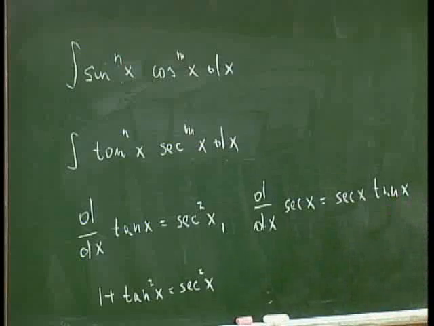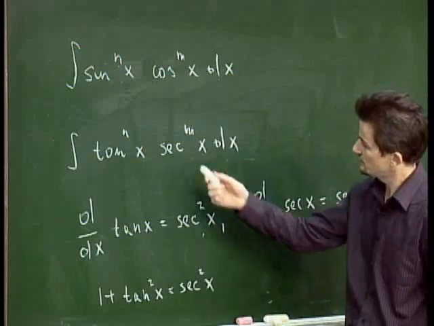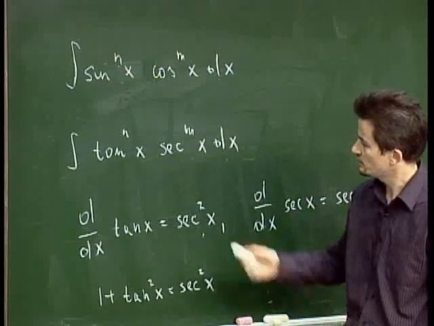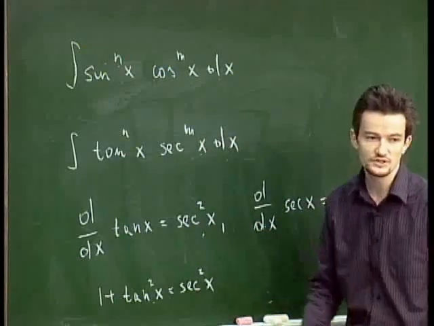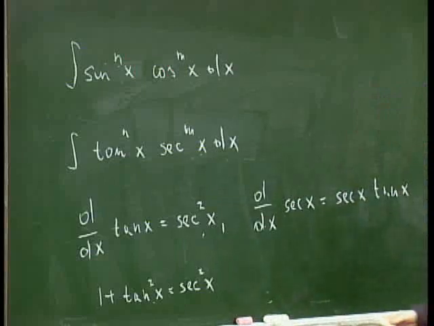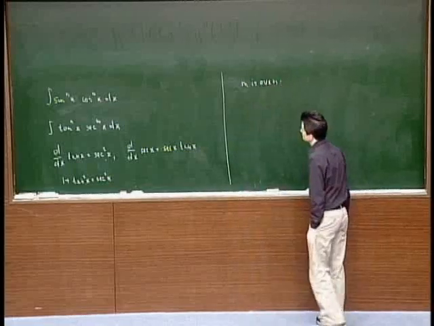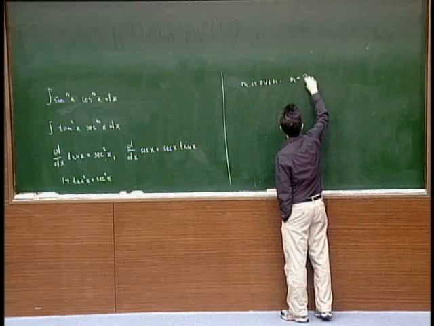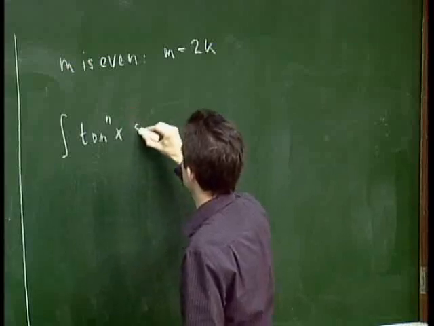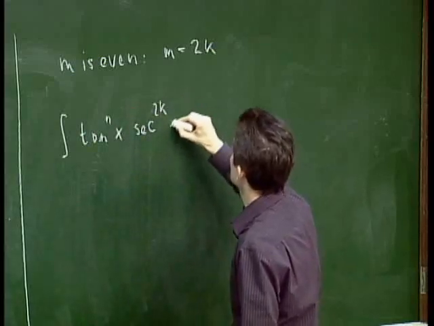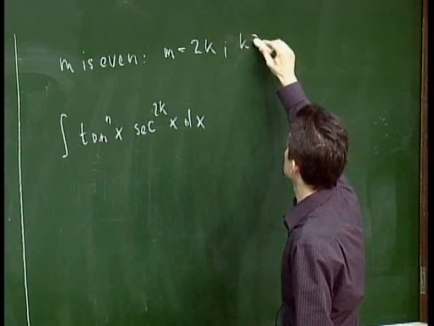Namely, if m is even, then you can take out a secant square of x, and you can rewrite the rest in terms of tangent. So assume that m is equal to 2k, and also that k is larger or equal than 1.